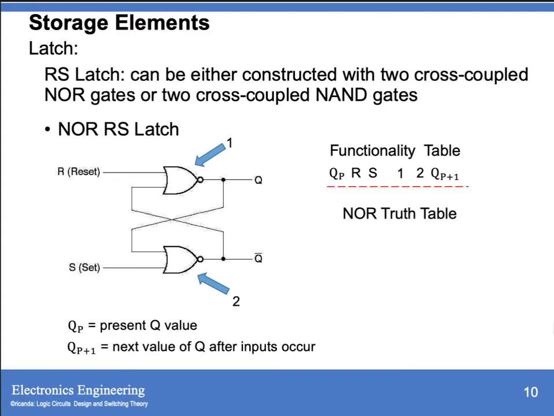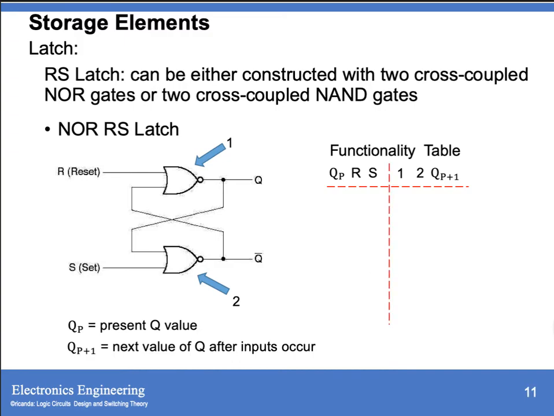With inputs A and B: 0, 0 gives 1; 1, 0 gives 0; 0, 1 gives 0; 1, 1 gives 0. As you can observe, if one of the inputs of your NOR is 1, whether the second input is 0 or 1, you have an output of 0.